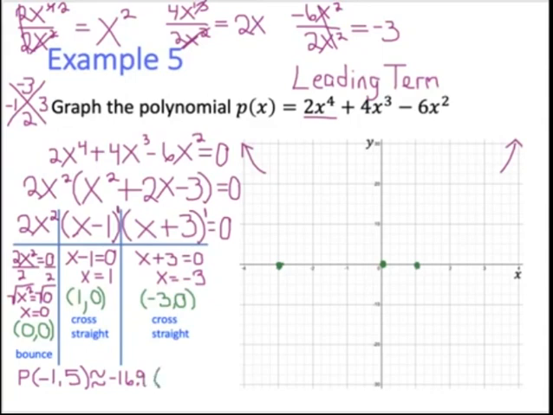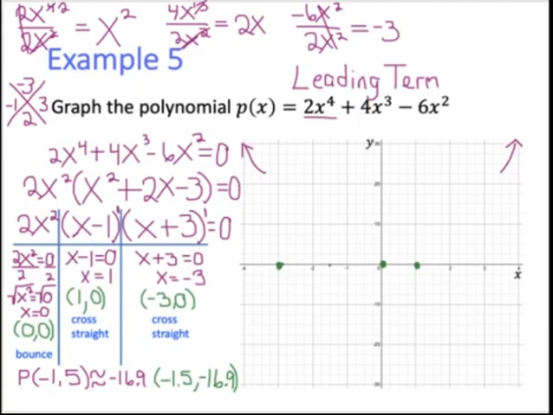So we have a test point at -1.5, -16.9. And I'm just using my calculator here to find the y value. You can do that as well. So let's go ahead and plot our test point.